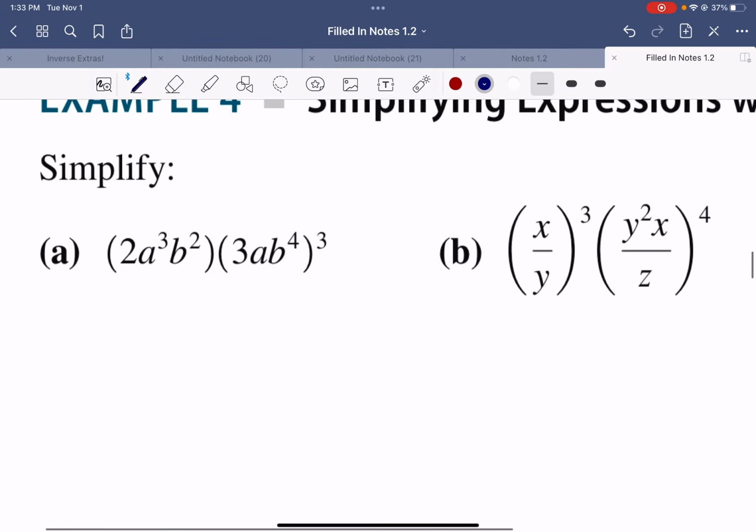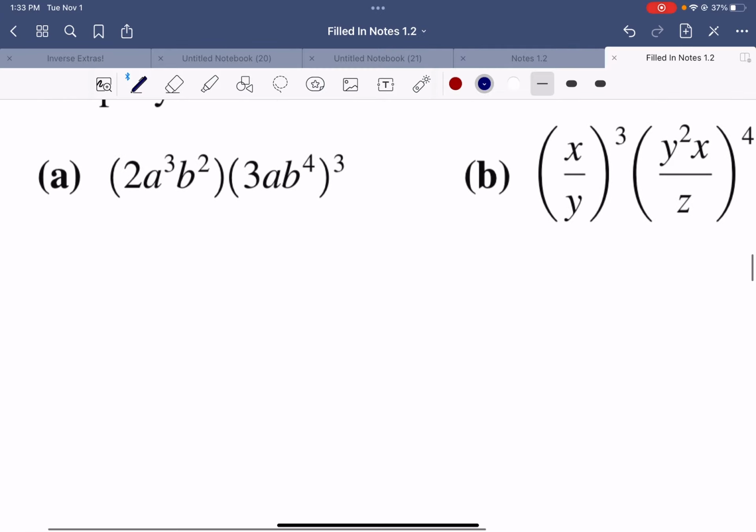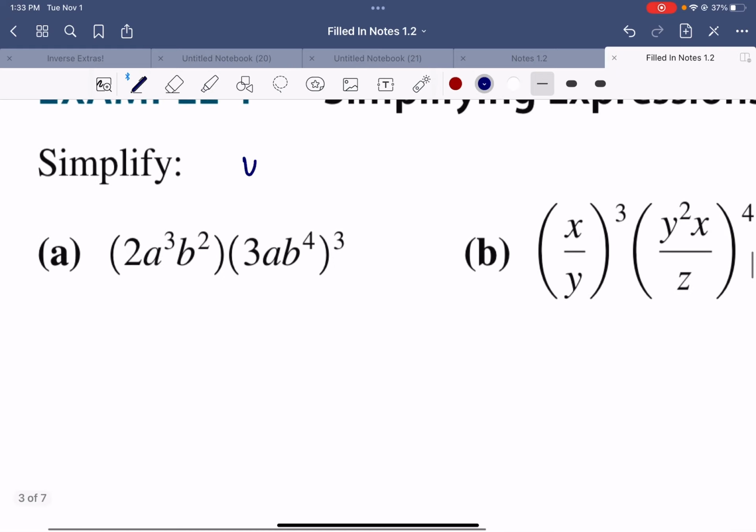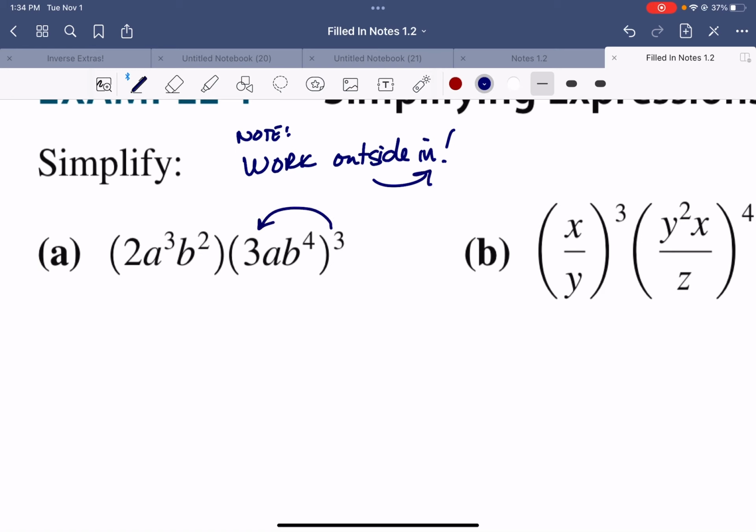Here in example 4, let's first start off by simplifying this. Here's a note, you want to work from the outside in when you're simplifying. So first, I distribute this 3 to everybody, and I bring this along for the ride.